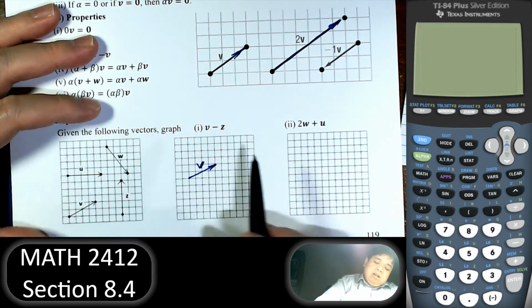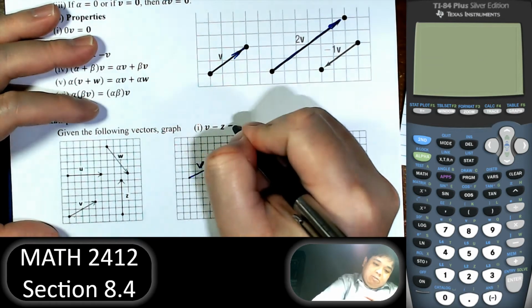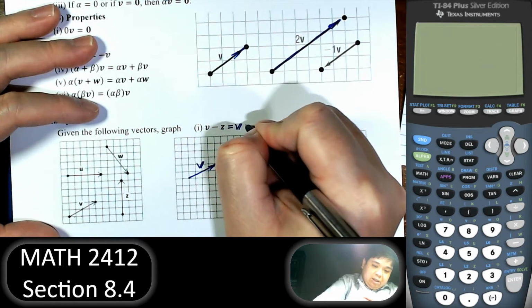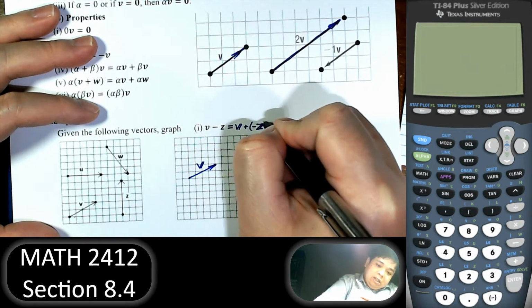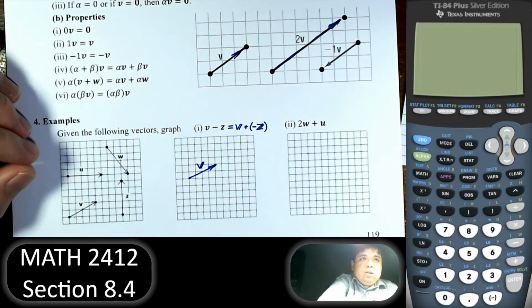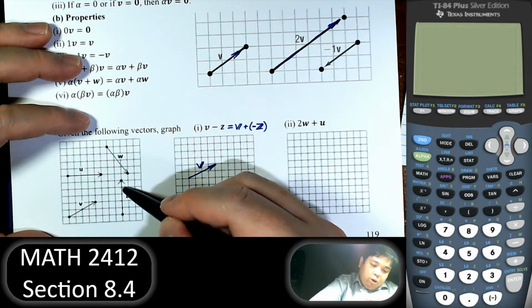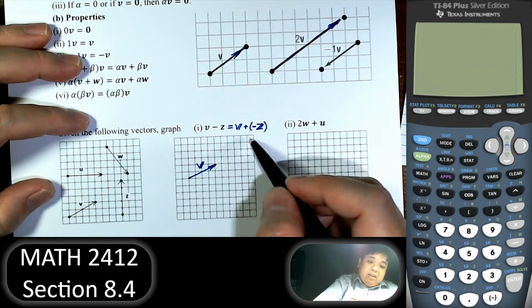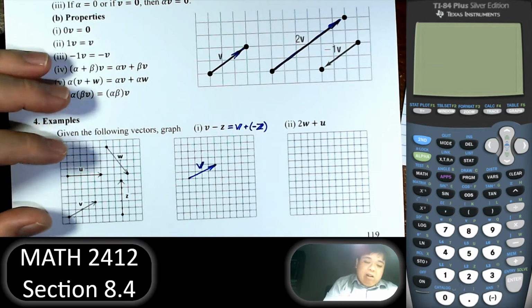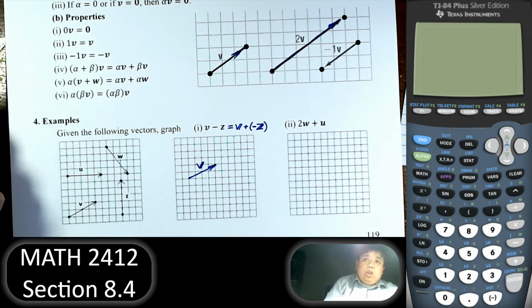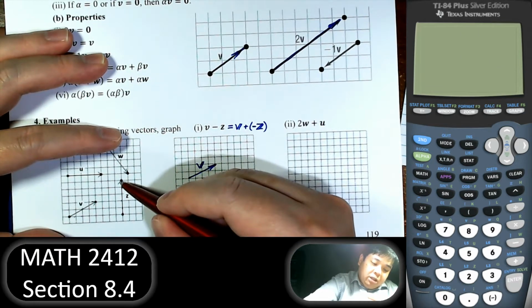And then minus vector z. By definition, we can say v plus the opposite of vector z. Vector z is 5 up. Negative z is the vector pointing down 5 units. Alright, so I'm going to use the head to tail method or triangle method.